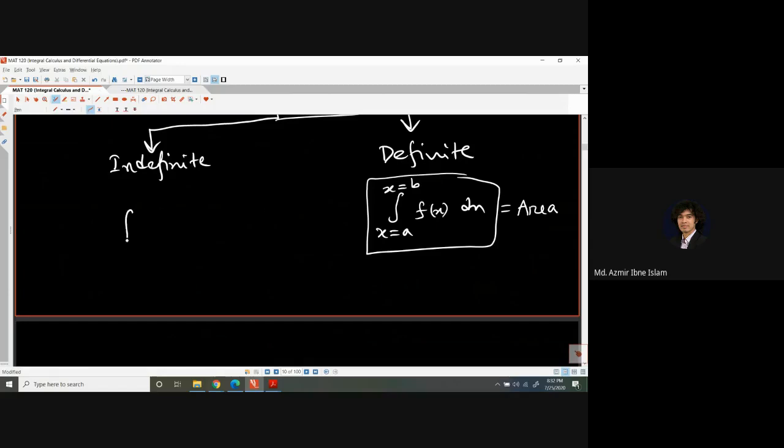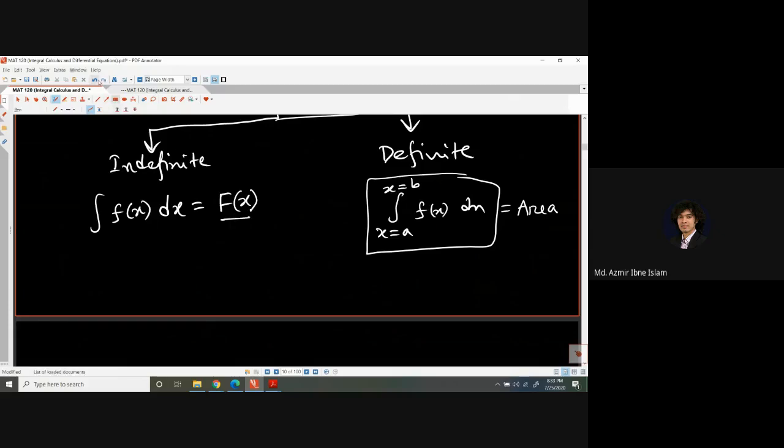But if we don't have any lower limit and upper limit, but still we are integrating the function with respect to x, we must get one antiderivative. Since we are integrating this function, we must get one antiderivative.